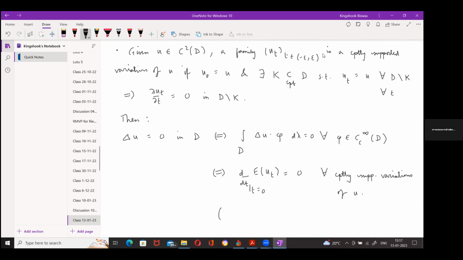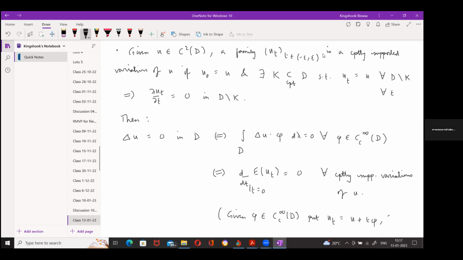Because given any phi in C_c infinity of D, you just put u_t equal to u plus t phi, right?